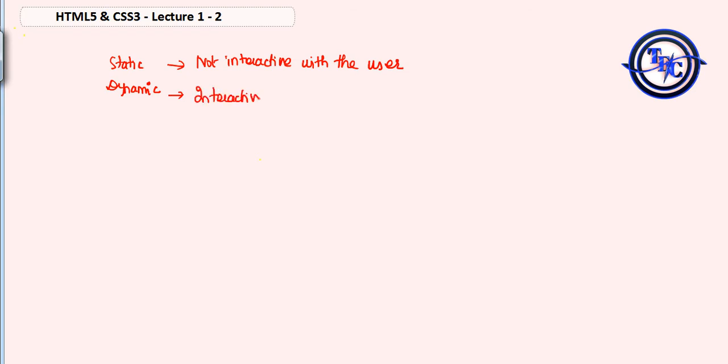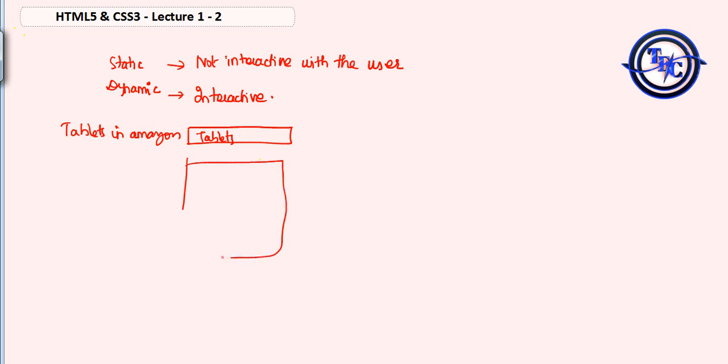Say for example, I want to search for some tablets in Amazon. So I'll go to the browser and simply type some tablets in the search box. It will display some thousands of items, isn't it?